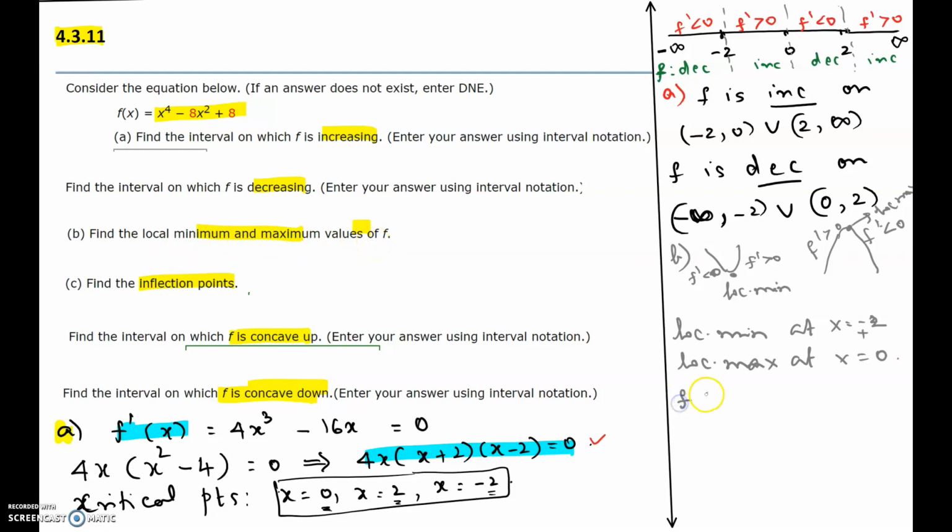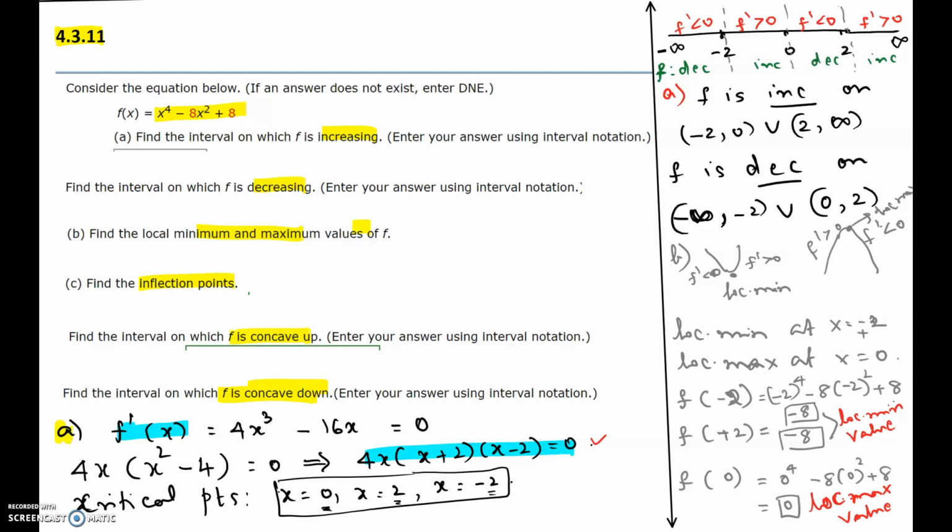So we have to find out f at -2 and +2 for the local minimum value, then f at 0 for the local maximum value.